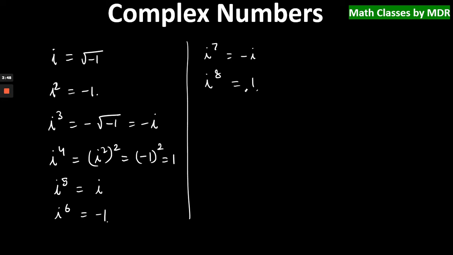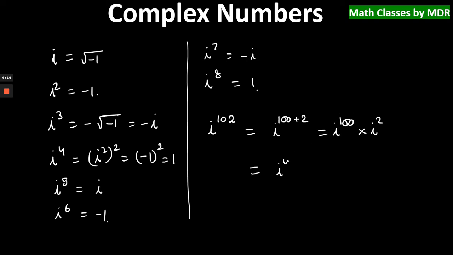That means if we have to find i to the power 102, first we can take the multiple of 4 from 102, that is 100 plus 2. It can be written as i to the power 100 into i square. As 100 is a multiple of 4, i to the power 100 is equal to 1. Why so?